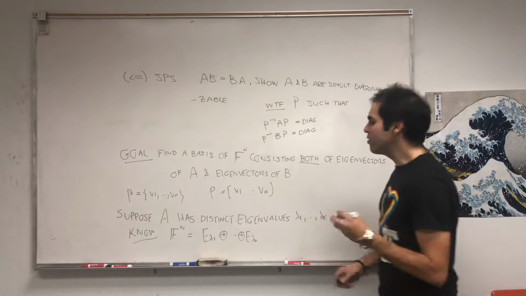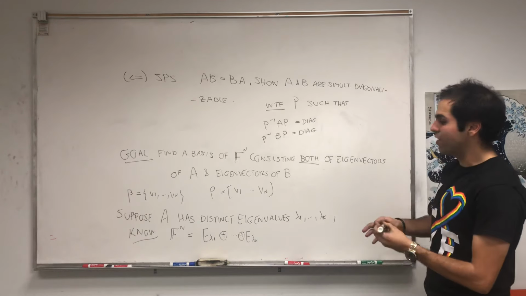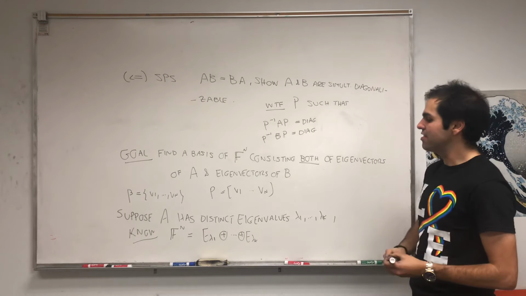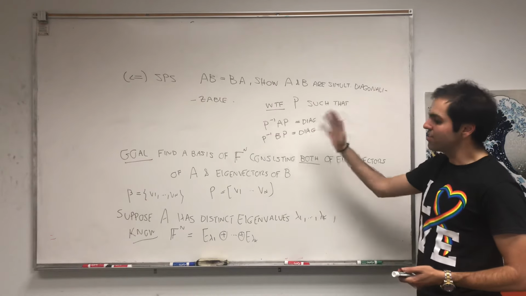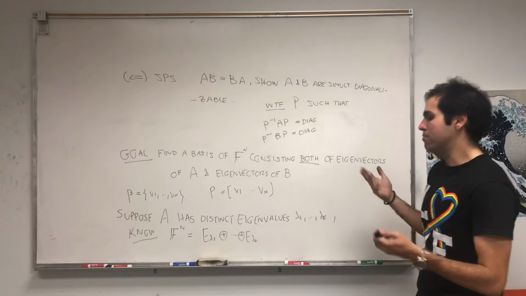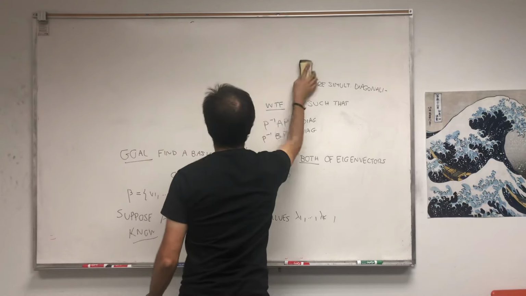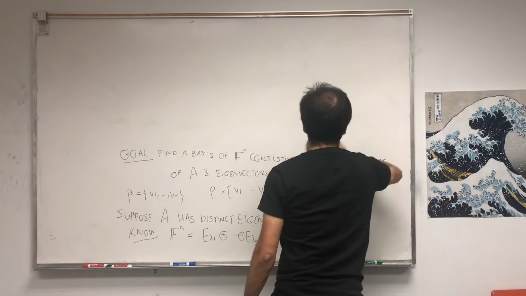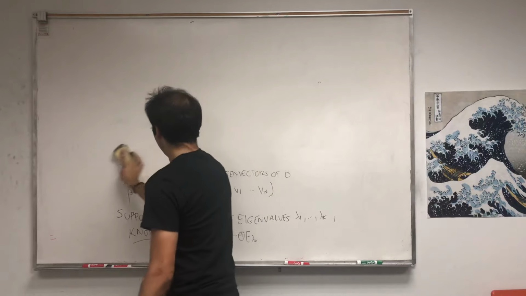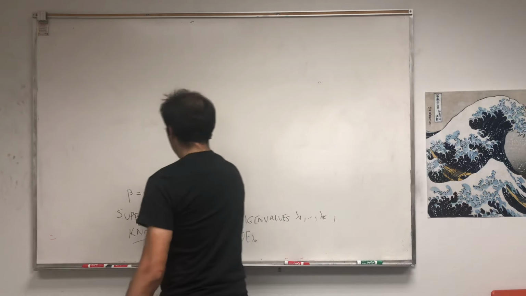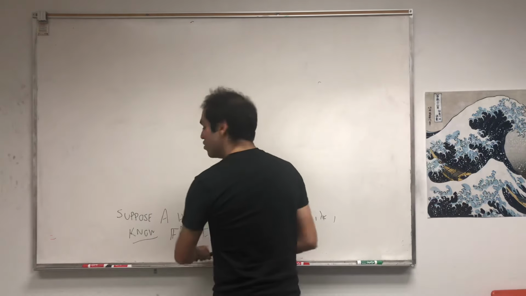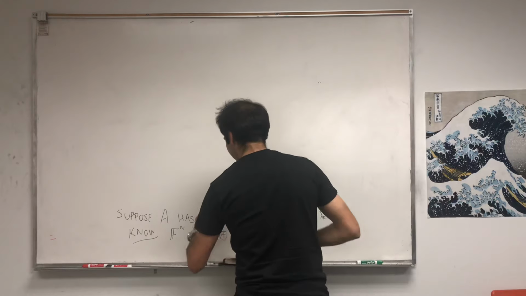So somehow what we need to show is kind of basis vectors such that Fn is also the direct sum of maybe eigenvectors of B. And essentially what this decomposition says, it's enough to look at the individual eigenspaces.